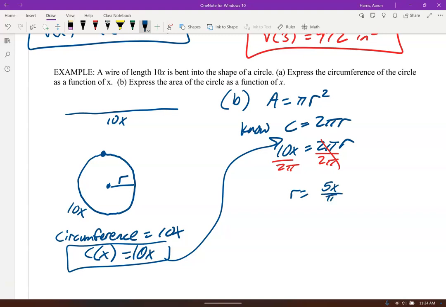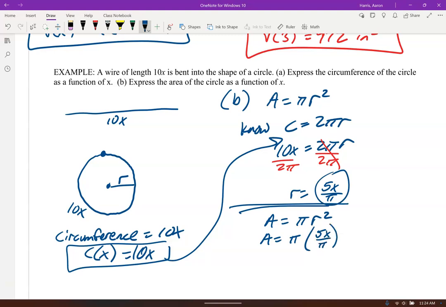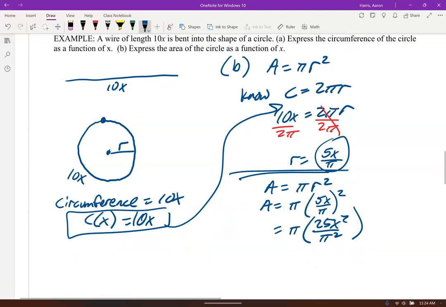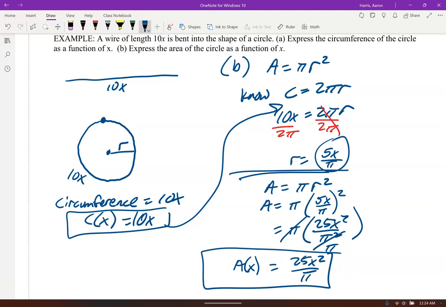That's my radius, and now, since I know area is pi r squared, I can punch my radius in, which is 5x over pi. And I can square it. So pi times 25x squared over pi squared, pi over pi leaves me with a pi there, so I got area in terms of x is 25x squared over pi. That's my area of the circle as a function of x.